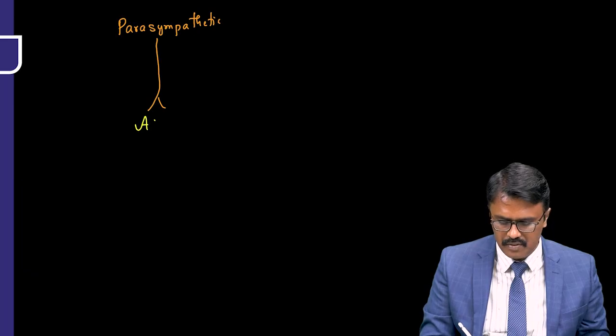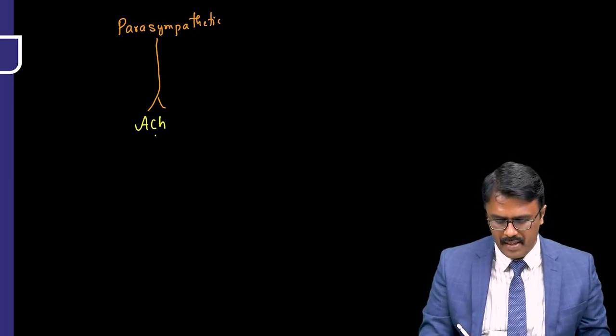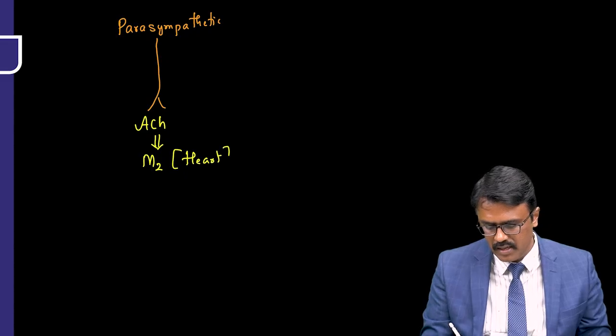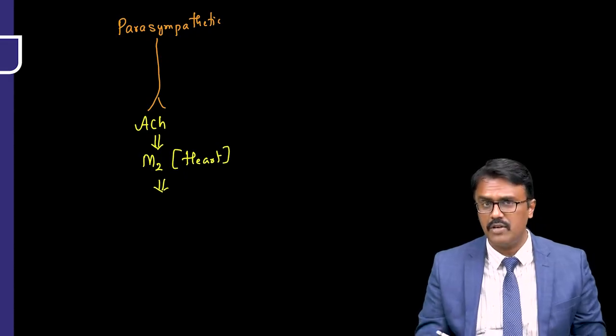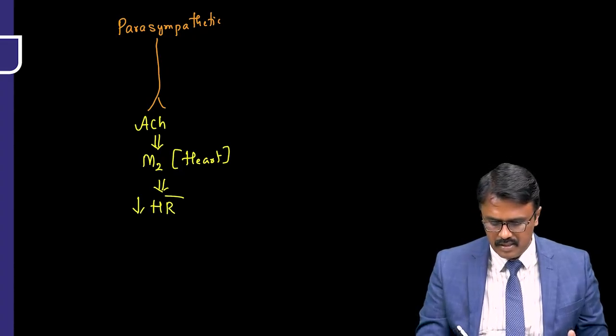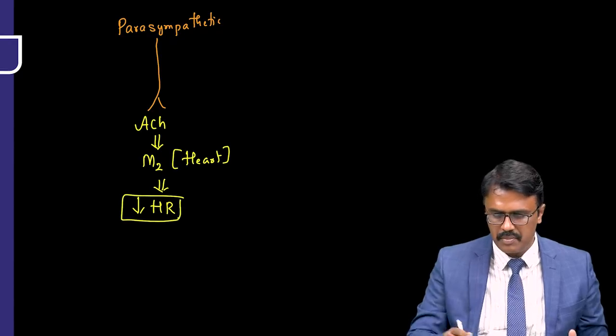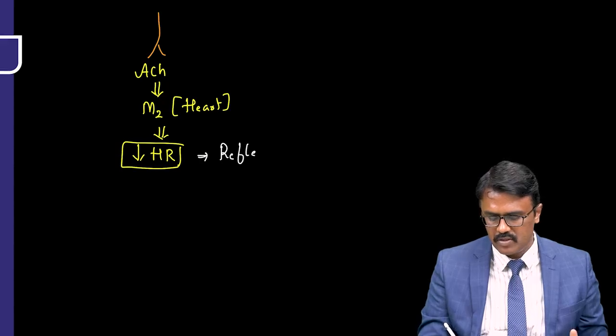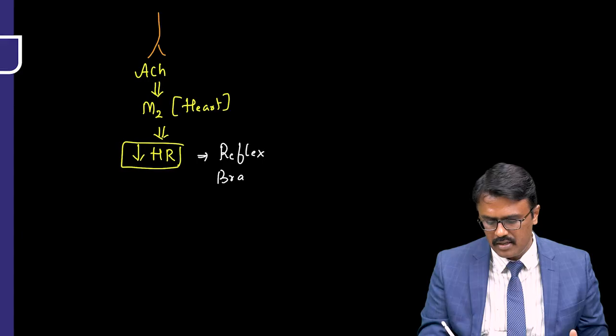Now they will release a neurotransmitter called acetylcholine, and acetylcholine acts on the receptor M2 in the heart. So when it acts on the heart, what is the action of parasympathetic in the heart? There is decrease in heart rate. So this mechanism is what we mean by reflex bradycardia. This mechanism is called reflex decrease in heart rate, or we call it reflex bradycardia.